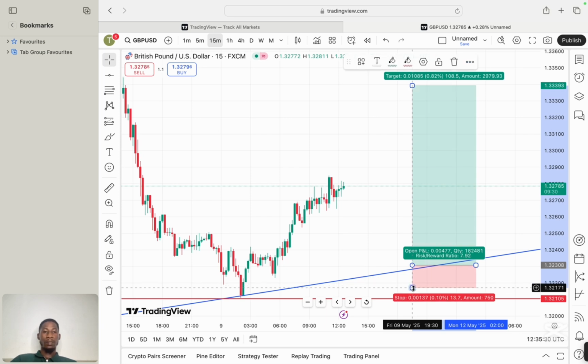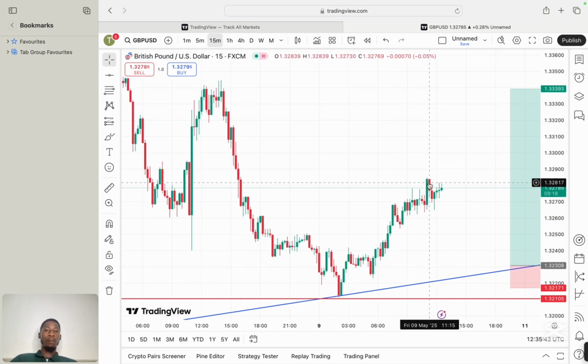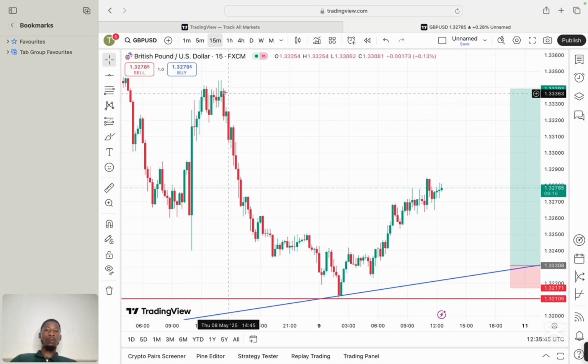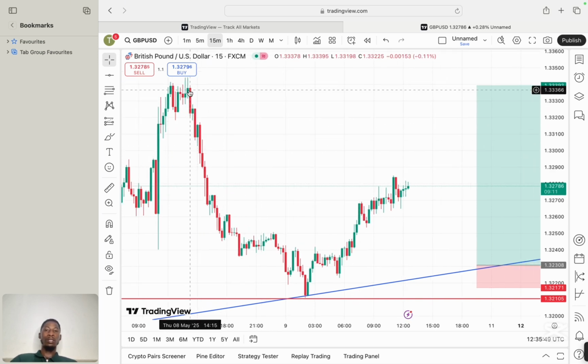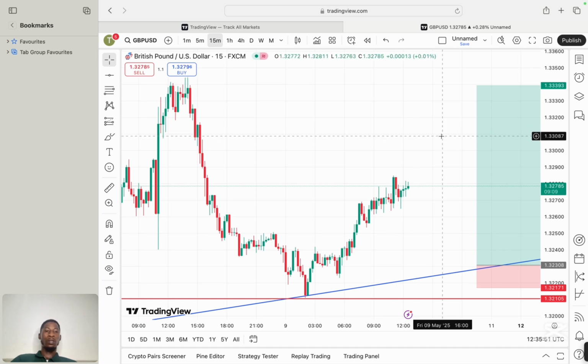When the market comes back here and tests here, it will be like this, to the upside. So why am I setting it this way? Because this is the previous high the market got to, so I'll be expecting it to still come back to this high, because in forex trading the past always repeats itself in the future.